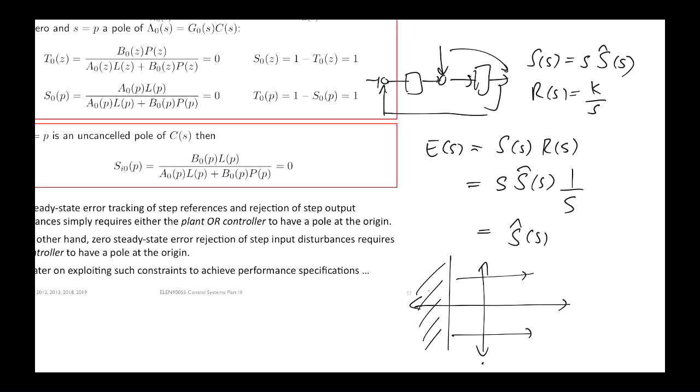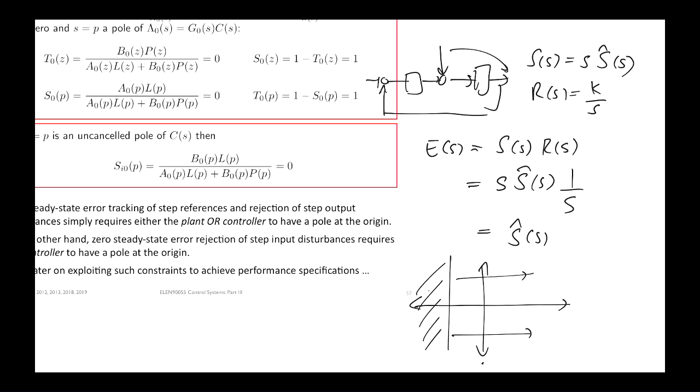Because the singularities of this, which is now the Laplace transform of a signal, it's no longer a transfer function, because we've multiplied it by an input to make it a signal again. But if the closed loop is stable, then all the poles of S lie in the left half plane, to the left of some line. That's what stability of the closed loop means.